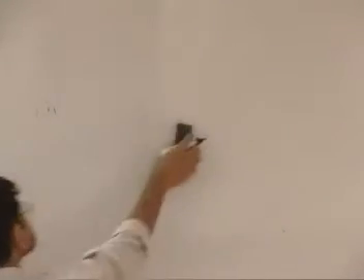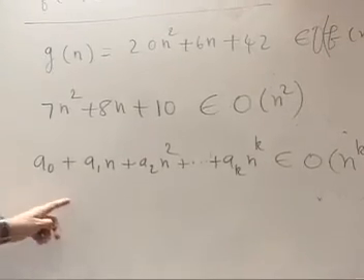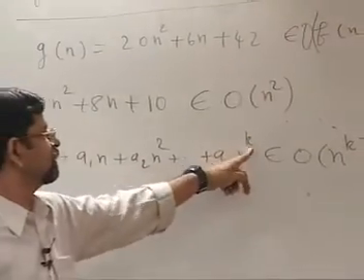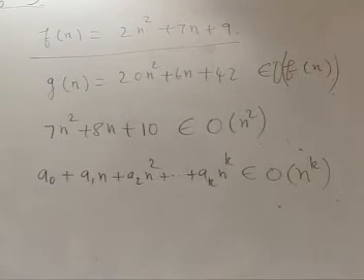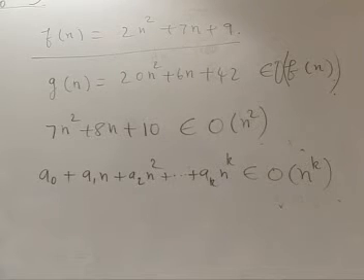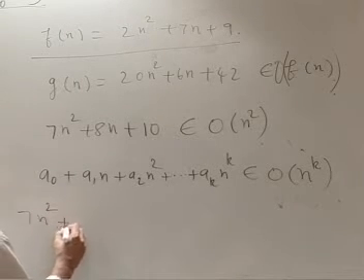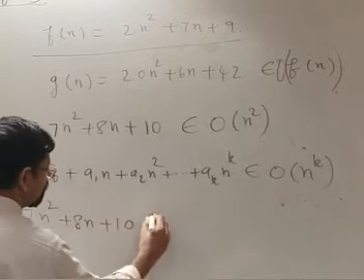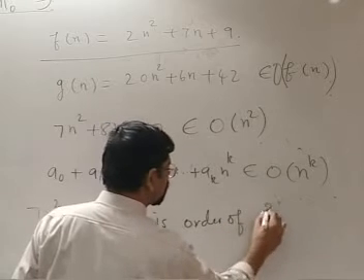So, this clearly shows the following. What I have stated here is the following: 7n square plus 8n plus 10 is order of n square.